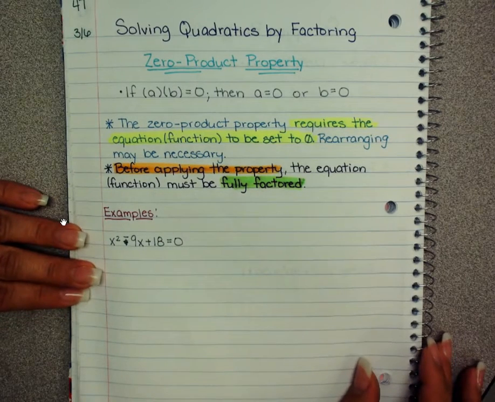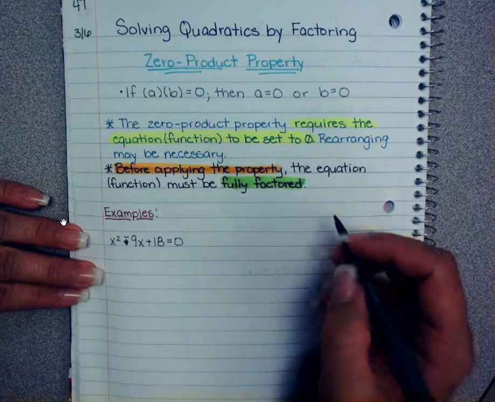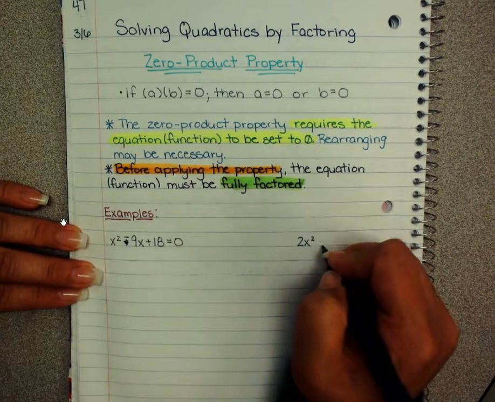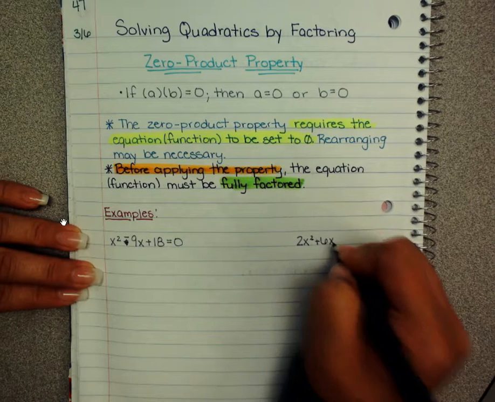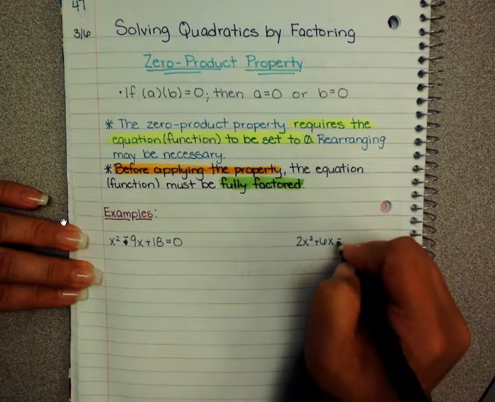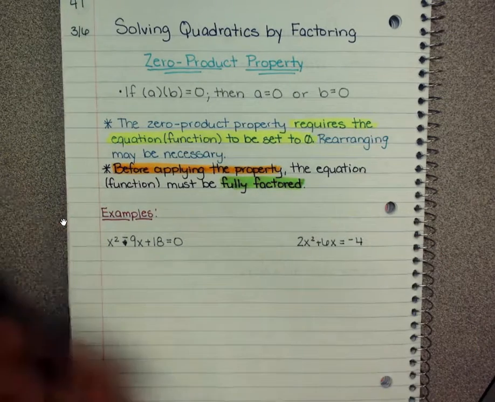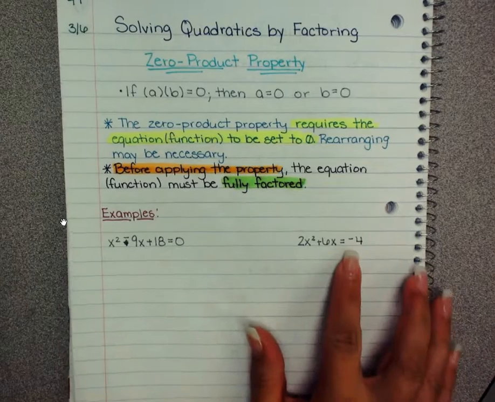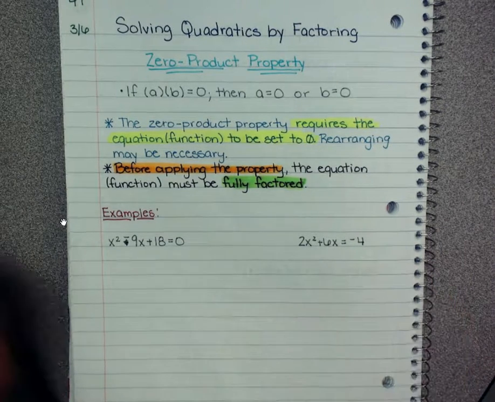Okay. Then we're going to go ahead and just write our second example, just so we have it out of the way. 2x squared plus 6x is equal to negative 4. Okay. So one is already set equal to 0, the other one is not set equal to 0, it's set equal to negative 4, and we're going to have to rearrange that.